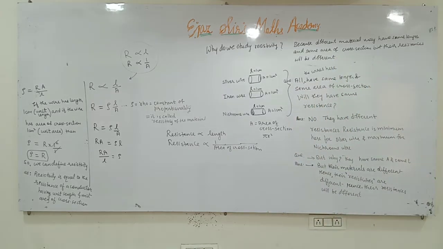You can note down the important points. There may be different wires of different materials with the same length and same area of cross section, but their resistances will be different.